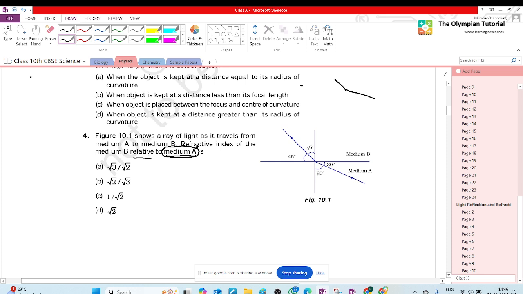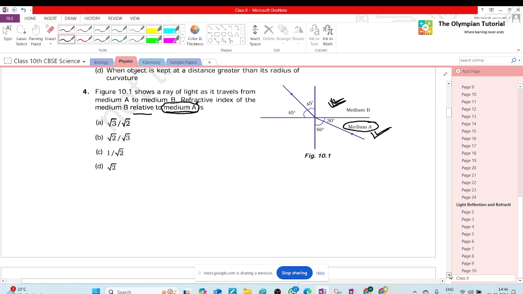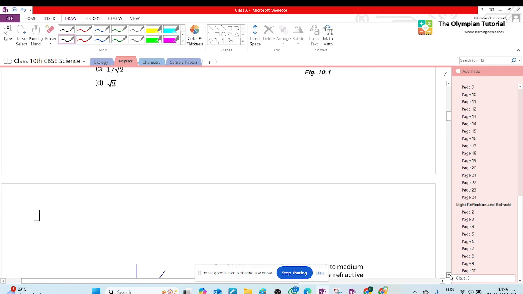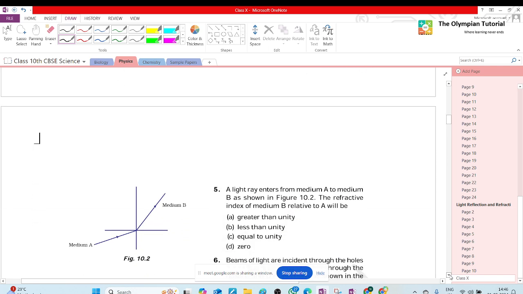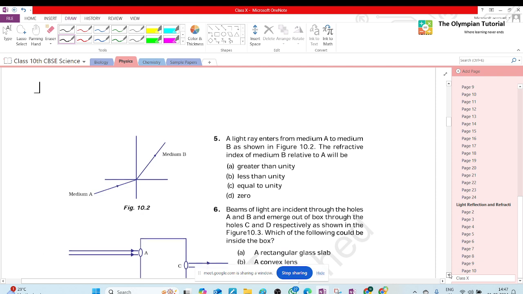Because we are comparing medium B according to medium A. Medium B is denser relative to medium A. Okay, ma'am. I just wanted to know because in every question with respect to. Actually, after completing the syllabus, we will do exemplar questions also.